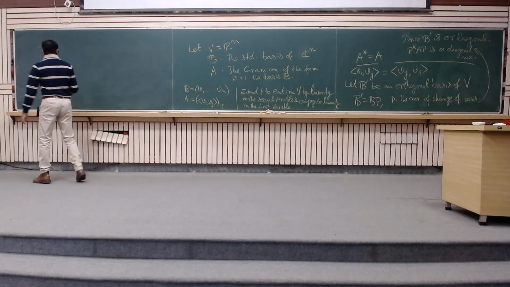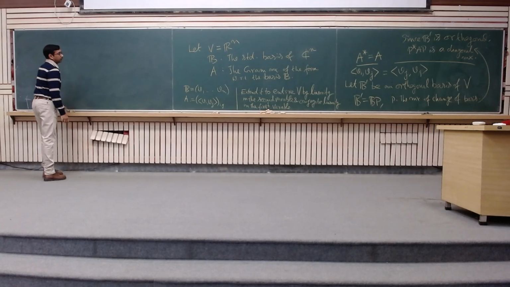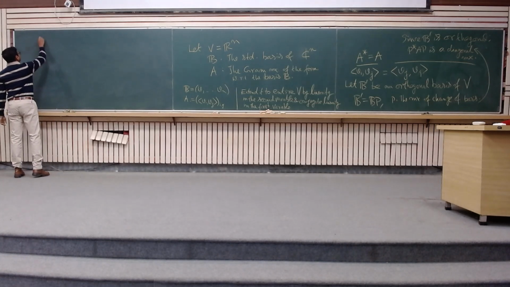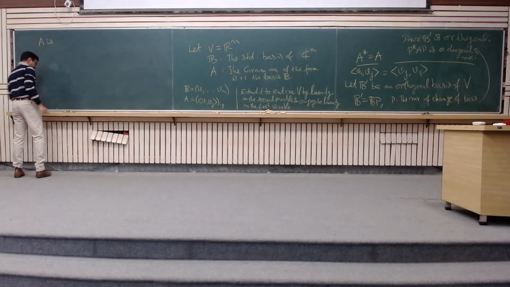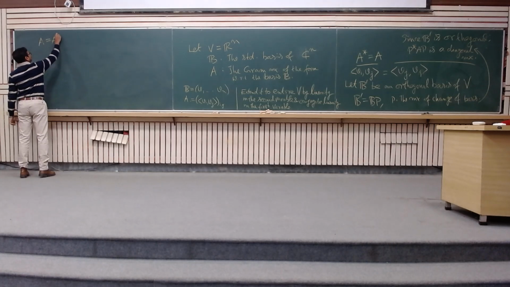So the next thing is what we have got till now. A is Hermitian, in other words A is equal to A star, and A is n cross n.